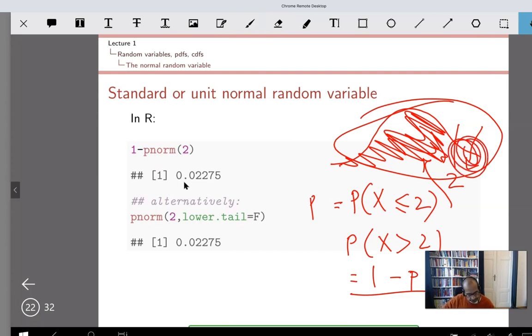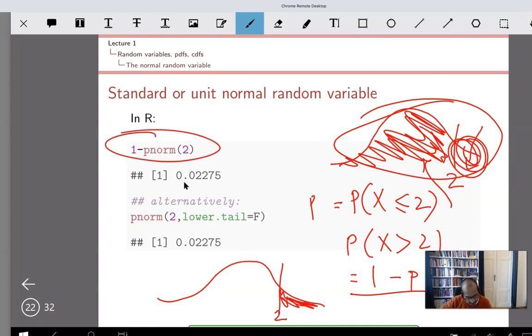So that's what I'm showing you here, that we can exploit the fact that the total area under the curve is 1 to figure out, once we know one side of the area under the curve, the other side. Okay. There's another trick for doing this calculation. If I want to know the probability of observing some number like 2 or something greater than that, one way is the way I just showed you, by subtracting from 1.